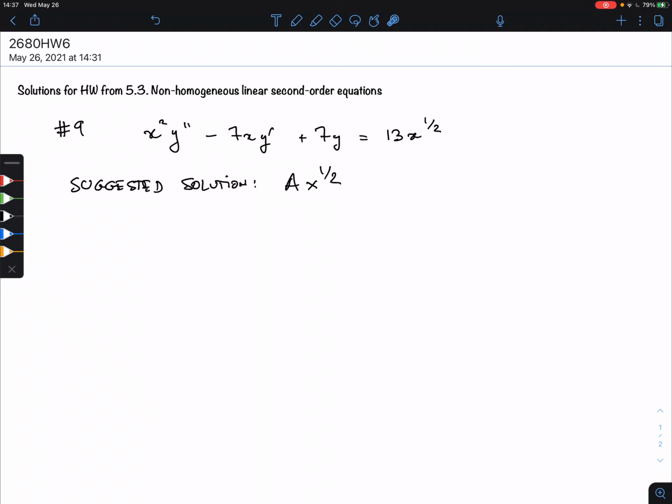We're not trying to solve the general solution because that would require us to solve also the homogeneous solution, which we don't have techniques for. Okay, so let's do this.